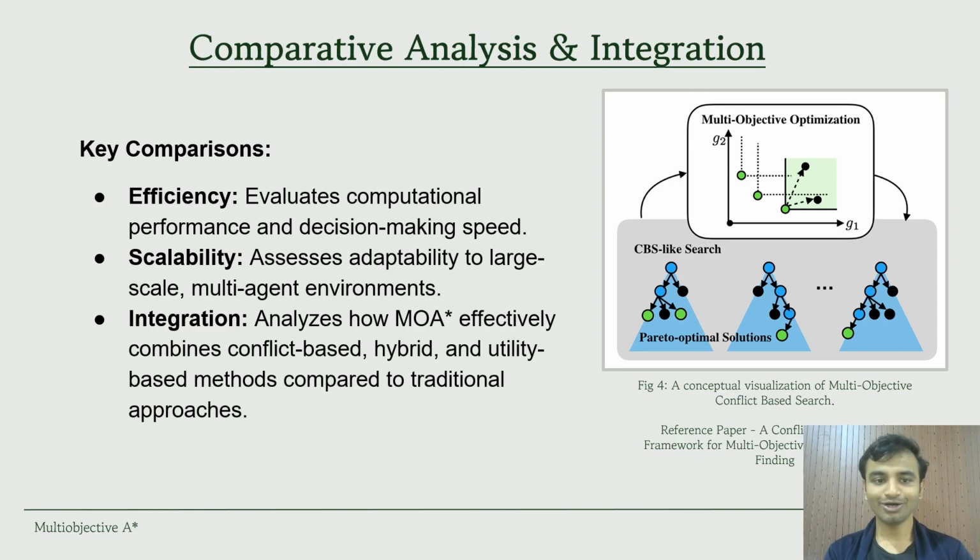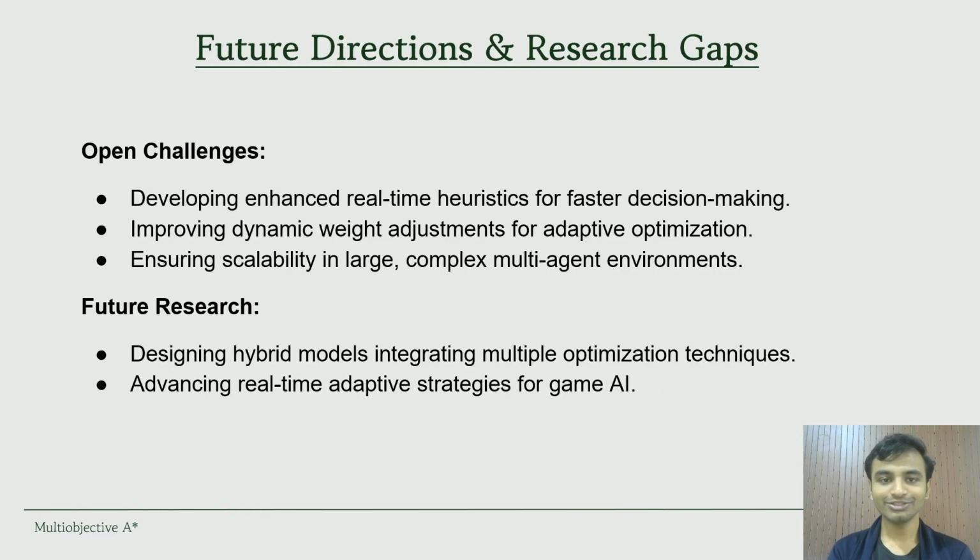When we have a large scale model or multiple models in multiple environments, it helps us to handle that. Third one is integration. In integration, there is MOA star for efficiency and conflict-based, hybrid, utility-based methods compared to the traditional approaches. And in the diagram we can see multi-objective optimization and Pareto optimization visualized in this kind of format.